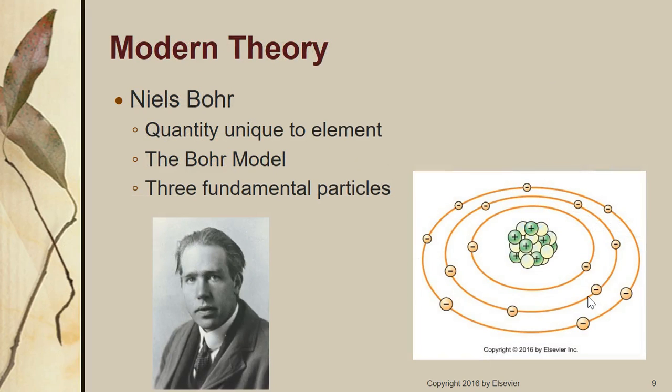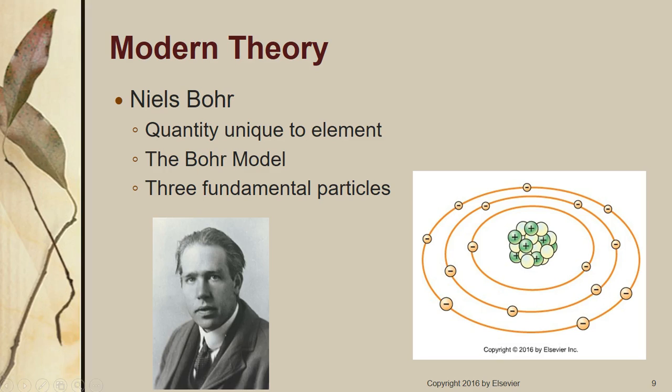After that, we had Niels Bohr. And I'm sure if you've had any type of science, it doesn't even have to be a physics course, you've probably heard about the Bohr model, and that's named after Niels. He was a Danish physicist who in 1913 took Rutherford's work and proposed another theory about the hydrogen atom.